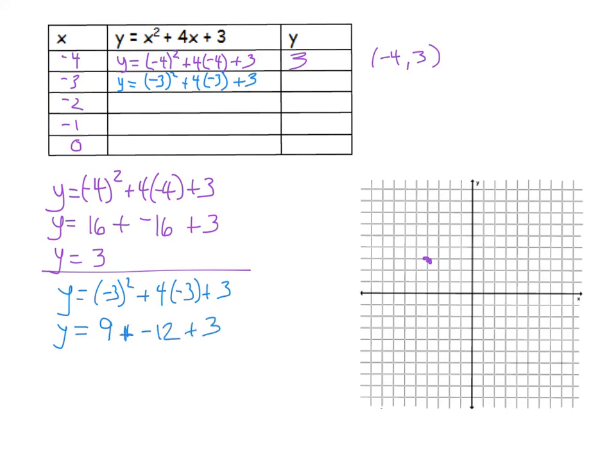Okay. So what's 9 plus -12? Well, 9 plus -12 is -3 plus 3. Well, -3 plus 3 is 0. So y equals 0. Our second point, therefore, is -3, 0. -3, 0 is this point right here.